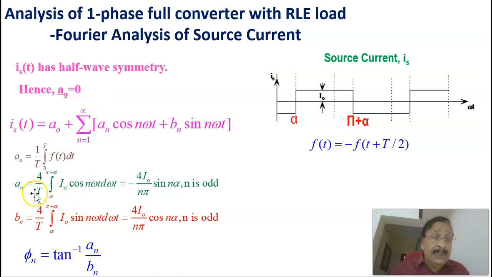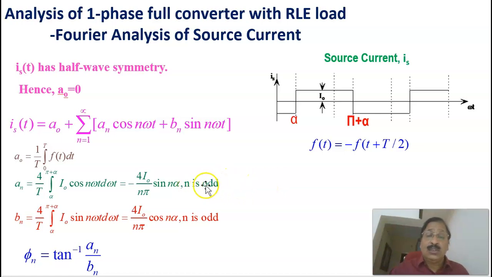And an, for half-wave symmetry, equals 4 by T, integrated over the interval changing from alpha to pi plus alpha, of the magnitude I naught cos n omega t d omega t. If you do the integration, we'll see that later, you will get minus 4 I naught by n pi sin n alpha, where n is odd.